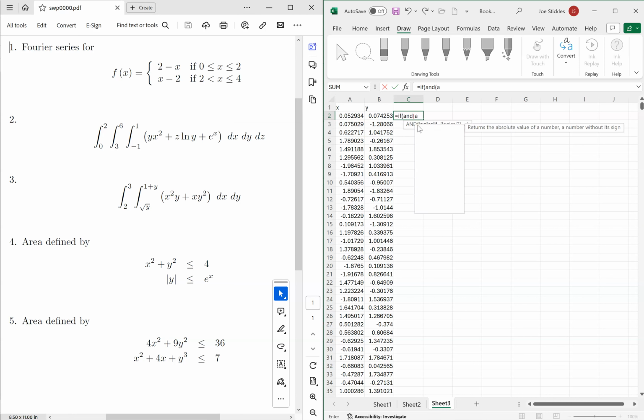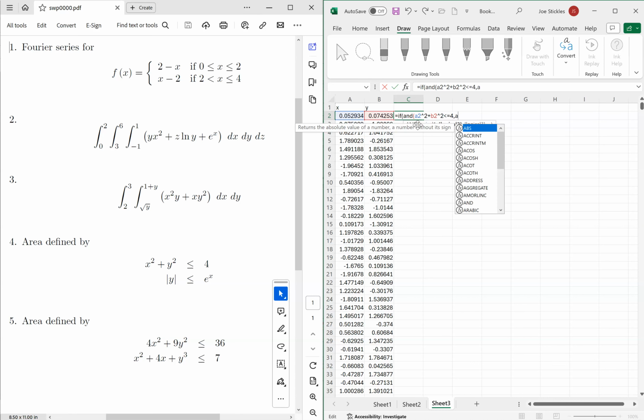So if a2 squared plus b2 squared is less than or equal to 4, and the absolute value of the b2, the y coordinate, is less than or equal to e to the x coordinate, so exp of a1. So I need both of those conditions to be met, which is why I'm using the AND command.